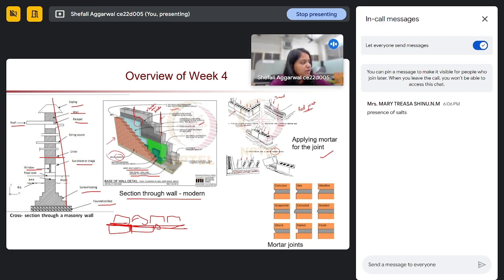So usually we provide some joints in the mortar. These are the different types of joints which are provided in masonry mortars.